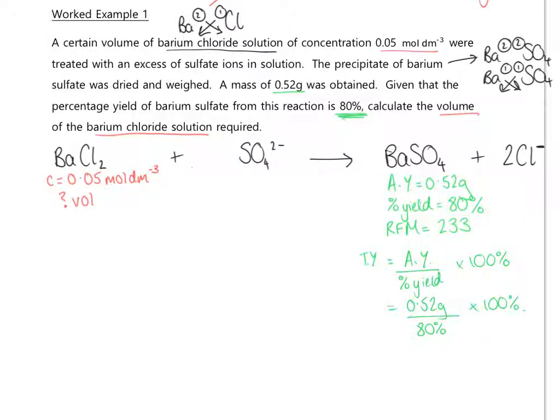Essentially, you get rid of your percentage signs there. And that gives you a theoretical yield of 0.65 grams. So if I was trying to make 100%, I would need to make 0.65 grams. And what you're doing here is you're essentially factoring in that there's only an 80% yield being given off. So actually you're going to need more of your reactant than if it was to fully convert.